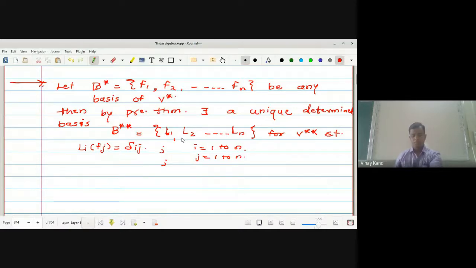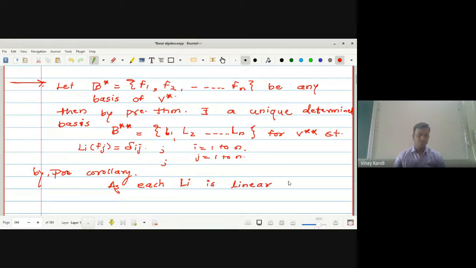Okay, now by the previous corollary, each Li, L1, L2 up to Ln, is a linear functional on V star.